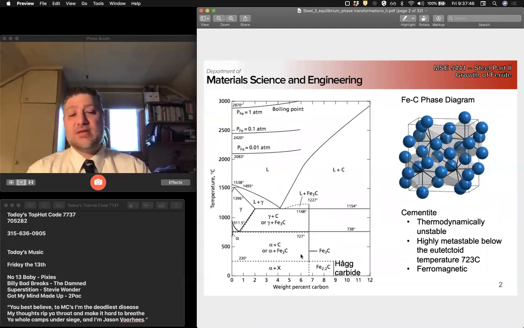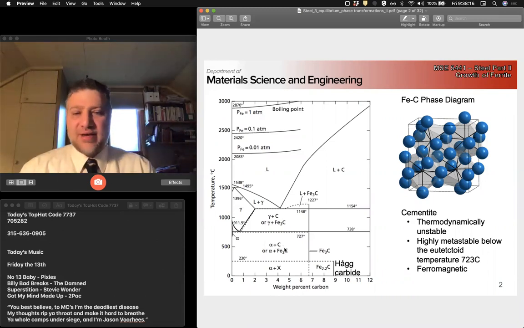Right. So this cementite, Fe3C, there's a whole bunch of other carbides that can form, but we're not really going to be worried about them. The equilibrium graphite phase tends to form at higher carbon content, right? And in that case, we're in the realm of cast irons, right? We're outside of what we normally think of as steel.